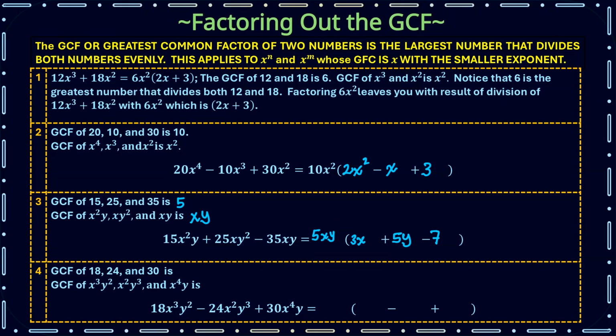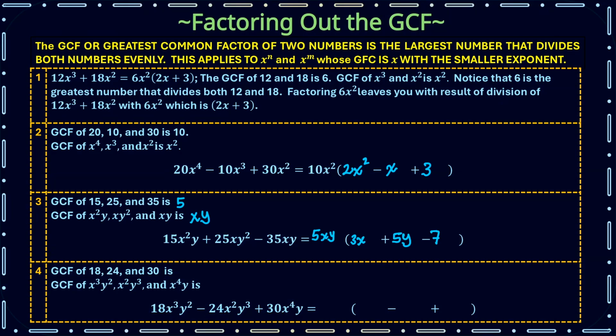For the last problem, we have coefficients 18, 24, and 30. Their GCF. Okay, so let's try some common factors. 2 is a common factor. 3 is a common factor. But are they the largest?